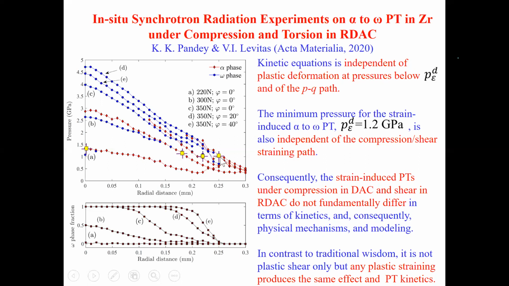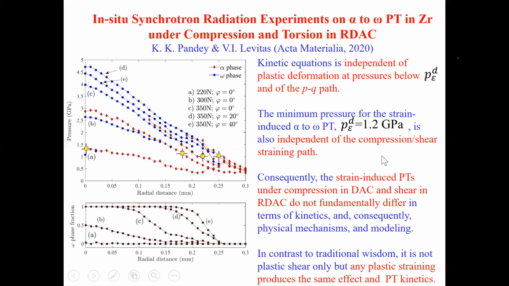First, it confirms our hypothesis that we indeed can use our equation for any straining path. And the practical value is that, based on this, strain-induced phase transition under compression in a diamond anvil cell and shear in a rotational diamond anvil cell don't differ in terms of kinetics, physical mechanism, and modeling, because we obtain the same results.